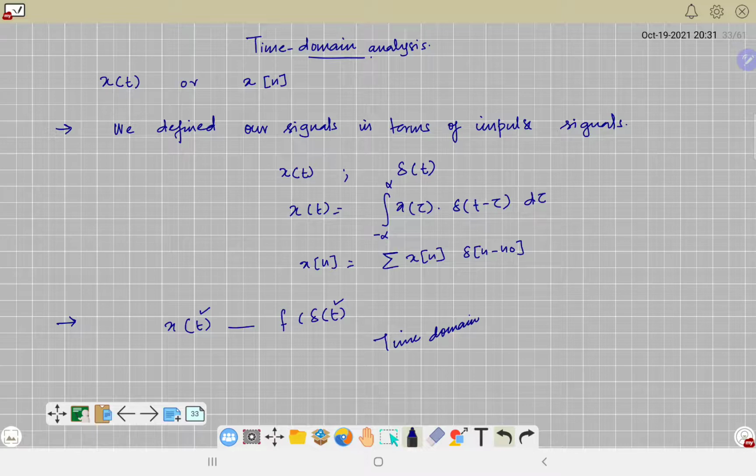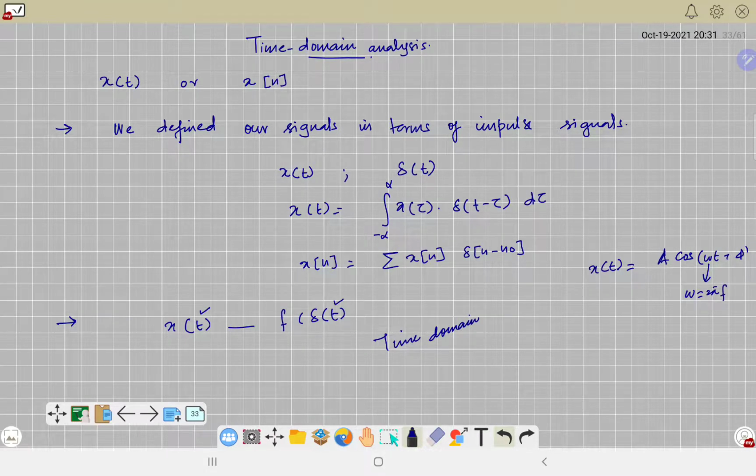Okay? So henceforth, from the third chapter onwards, we will be doing the frequency domain analysis. We have defined two signals, the sinusoid signal and the complex exponential signal, and these signals have the concept of frequency. Again, the sinusoid was typically expressed as cos of omega t plus phi, where omega is the angular frequency.